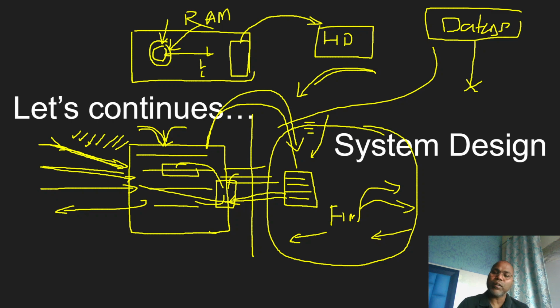I'm going to talk about some basics of the database: what data is, what a database is, what the types of data are, and a couple of classes we are going to discuss in database systems.